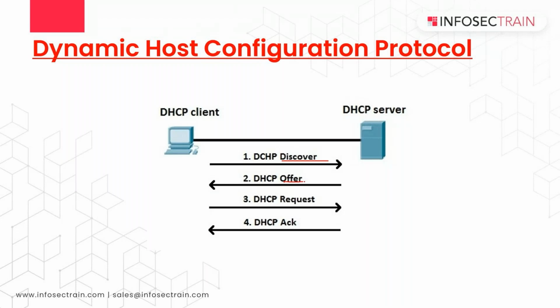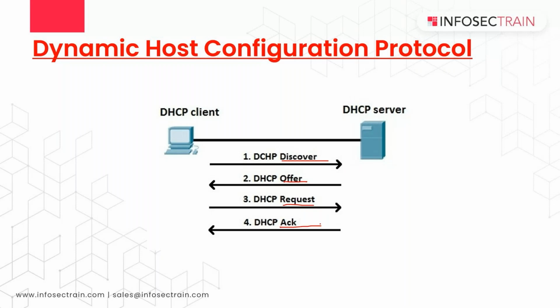Now the DHCP server offers to lease an IP address to a client, right? And it also tells other information related to the IP address to the client. Then request. It is sent by the DHCP client to ask the server to lease the IP address which was in the offer message.